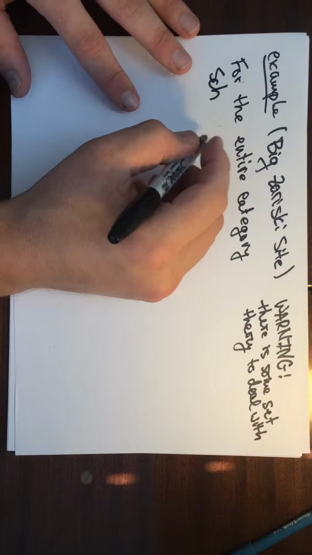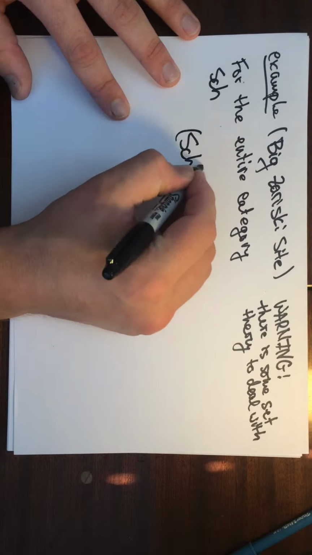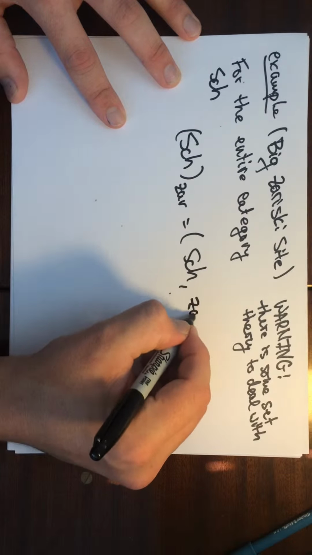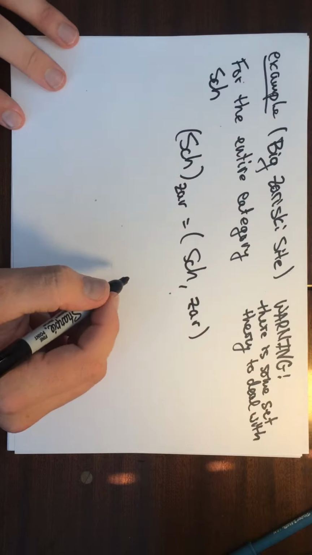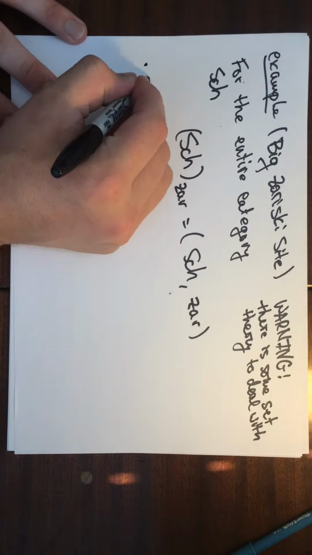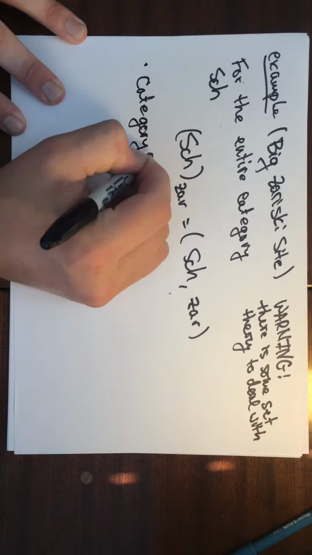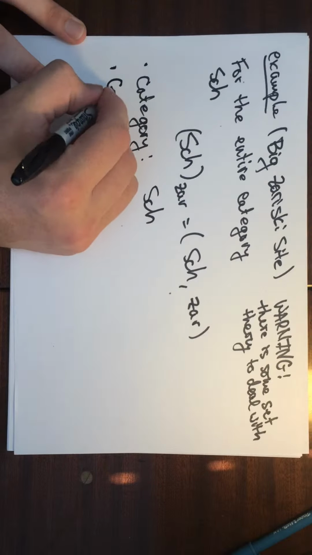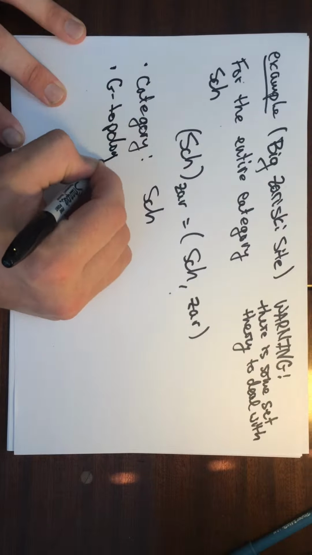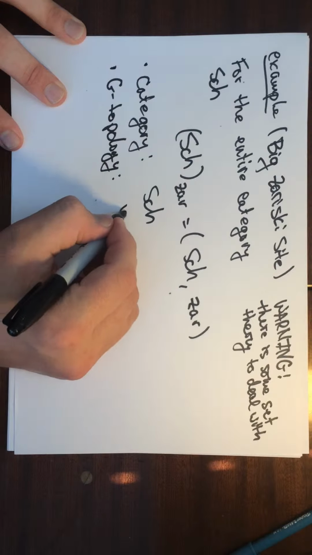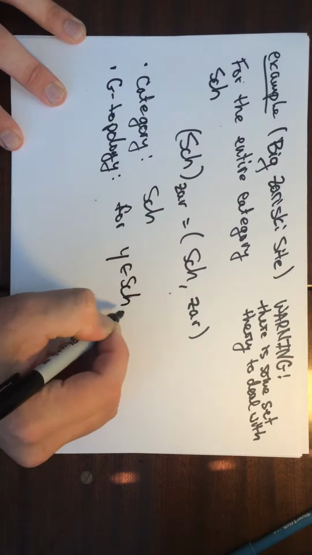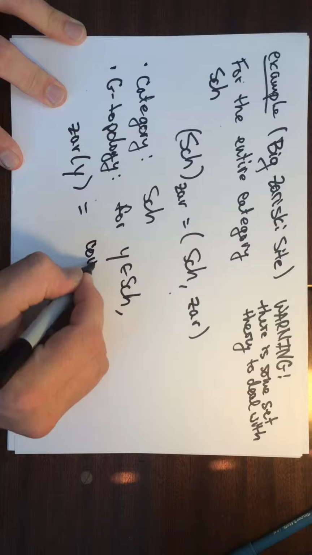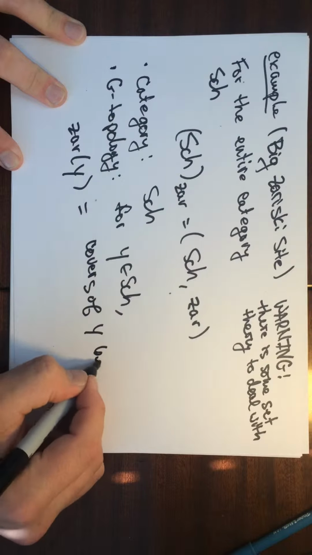What we're going to look at is the category of schemes and the covers by open immersions. So the category in this case is just the entire category of schemes, all the maps. And then the Grothendieck topology. Well, we have to say for Y a scheme, the Zariski covers of Y are going to be covers of Y by open immersions.